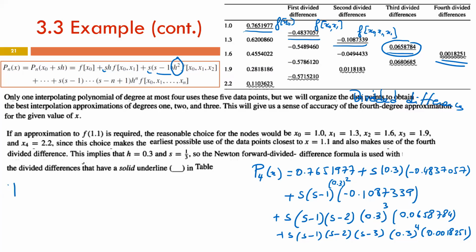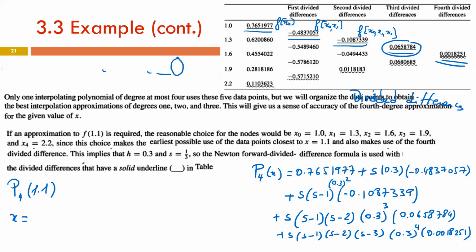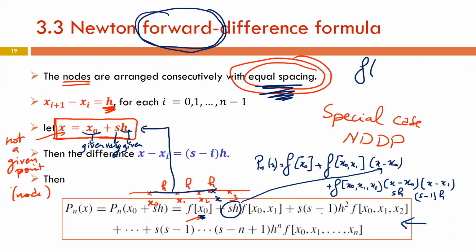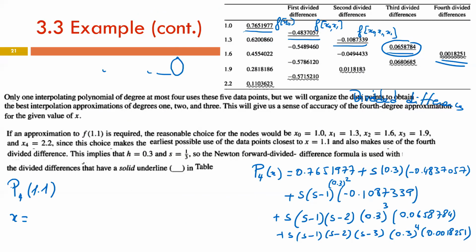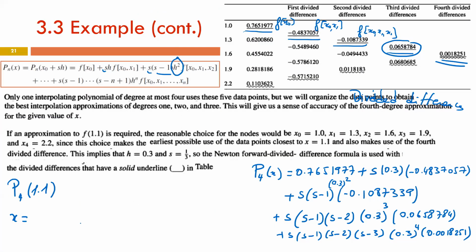If now I want P4 of 1.1, I need to find s. What is the relation between x and s? Go back to the formula, x0 plus sh. So if x is 1.1, x0 is 1, h is 0.3, we calculate the corresponding s.